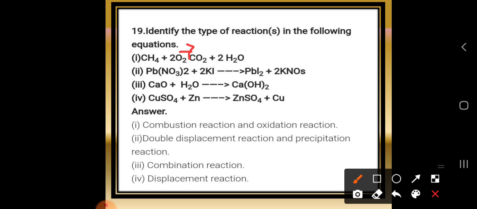So dear students, while writing the equation, keep in your mind that you have to add an arrow. So which type of reaction? It is the combustion reaction and the oxidation reaction, where the carbon is gaining oxygen, and it is an example of an oxidation reaction.